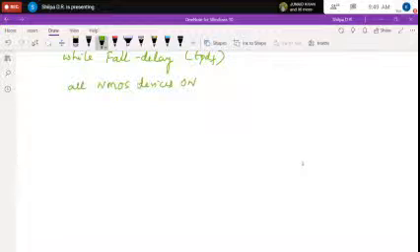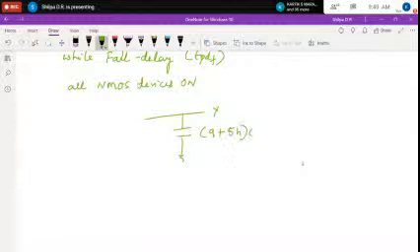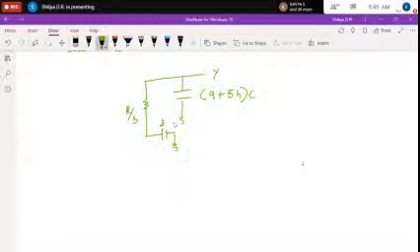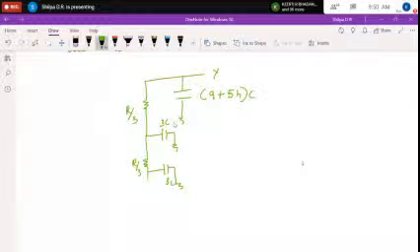So if that is the case, the circuit looks like this: you have the Y node, then I'll take all the capacitance like 9 plus 5, I consider the load also, 5H times C. Then R by 3, you have 3C, then once again R by 3, you have 3C, then once again R by 3.